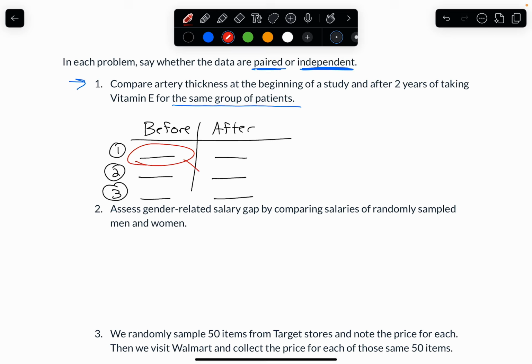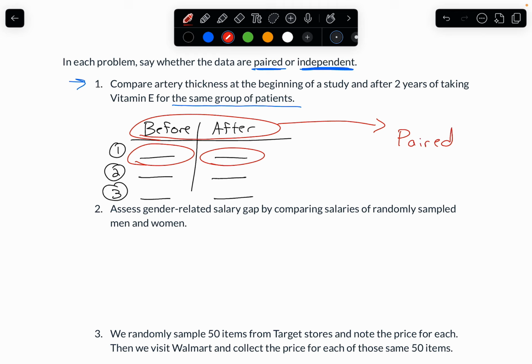I probably wouldn't want to compare patient number 1's before data with patient number 2's after data because they're different individuals. They might react differently, and I want to understand how each individual is affected by, in this case, the vitamin E. So as a general rule of thumb, anytime we're working with before data and after data, that is almost always going to be paired data because I want to compare each person's before data with their after data, and I want to be able to compare those scores or their measurements, whatever it may be.